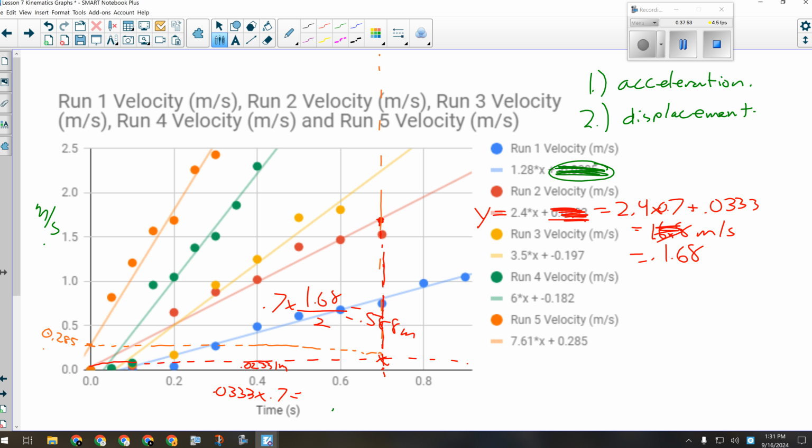Okay, and I know it's 0.7 seconds long, so I can calculate the area of that orange rectangle by simply going 0.285 times 0.7, right? And I'll have the area of that rectangle. That's kind of the easy part.